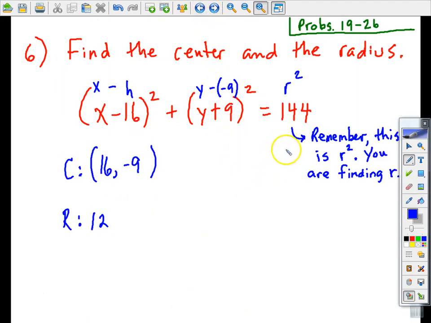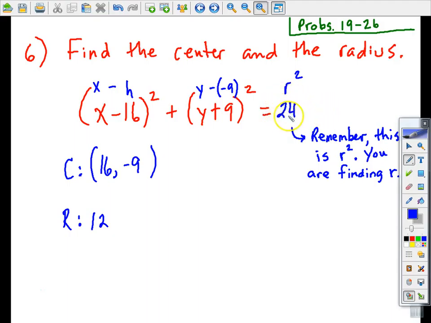By the way, it sometimes happens, and I think it's going to happen one time on your homework, where you may be given an equation where the number does not have a perfect square root, like, let's say 24. 24 is not a perfect square number, so obviously there's no perfect square root.